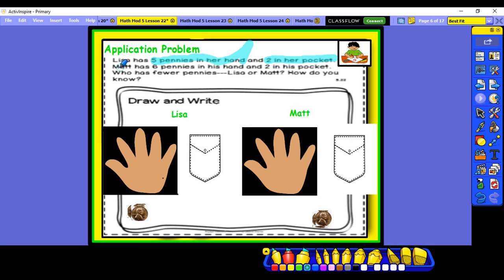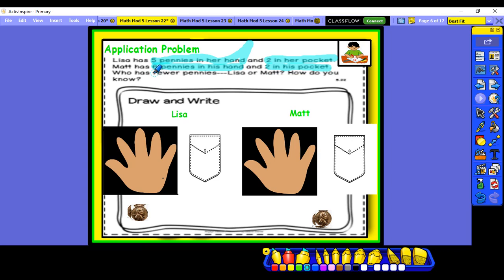Let's keep reading. Matt has 6 pennies in his hand. Yes, 6 pennies in his hand is important. And 2 in his pocket. 2 in his pocket is important. Now let's listen to our question. Who has fewer pennies, Lisa or Matt?